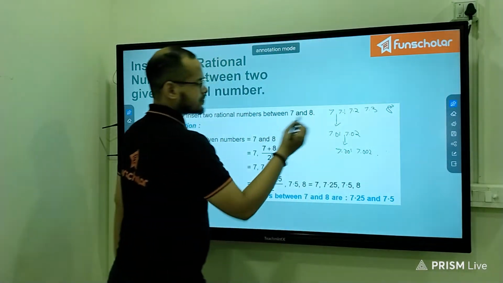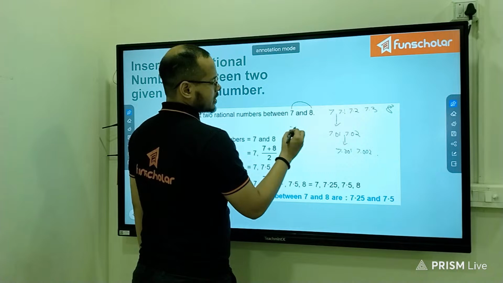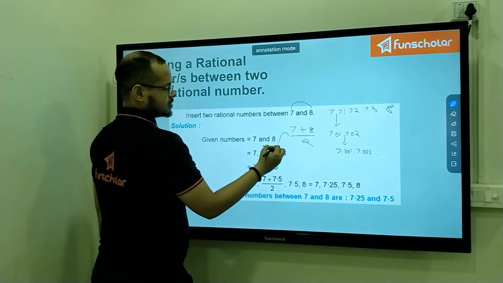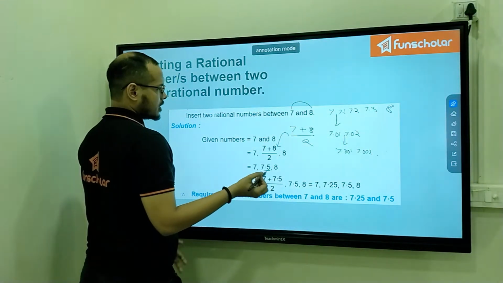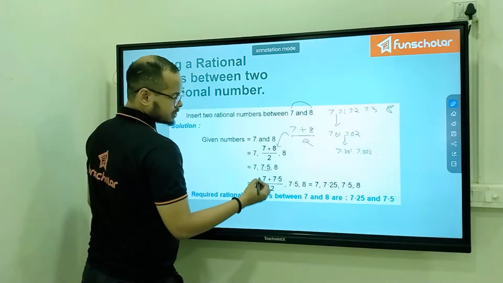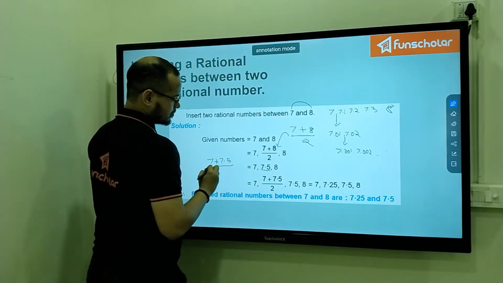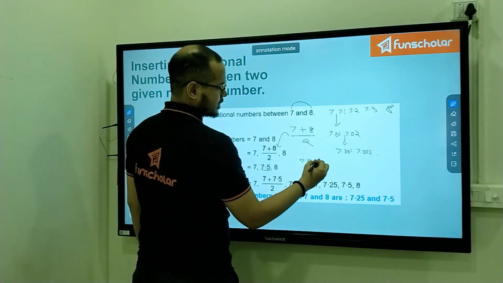Now the easiest way to find a number between two consecutive numbers is to just find the average. That is what they have done here. The average of 7 and 8 is 7.5. Now again, the average of 7 and 7.5, that is 7 plus 7.5 by 2, and the average of the other two, 7.5 plus 8 by 2.